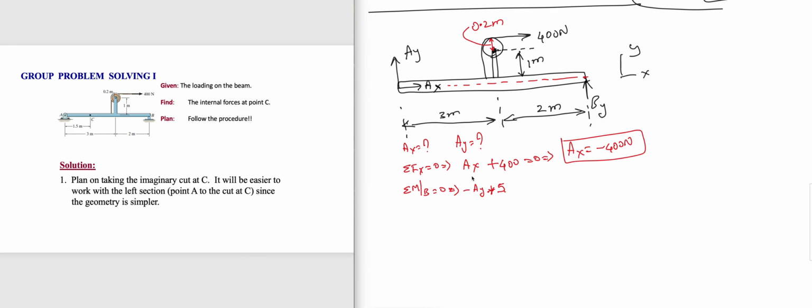And 400 times, isn't it 1.2? The line of action of 400 is like that. So with respect to B, the distance between the line of action of 400 and the point B is 1.2, and with respect to B, it's going clockwise. So I'm going to write negative. So negative, oh, wait a second. I have to write negative here, equals 0.